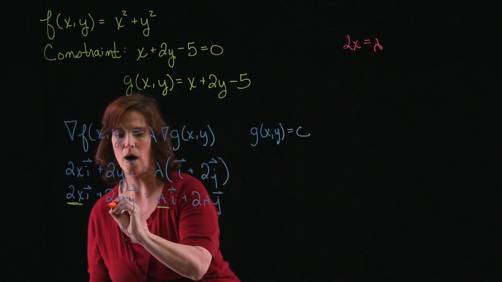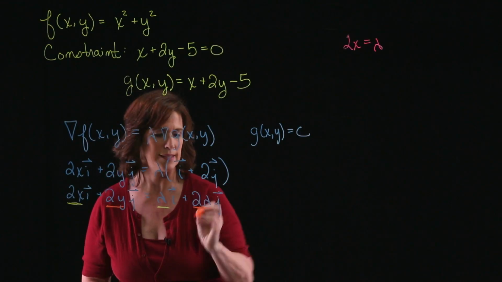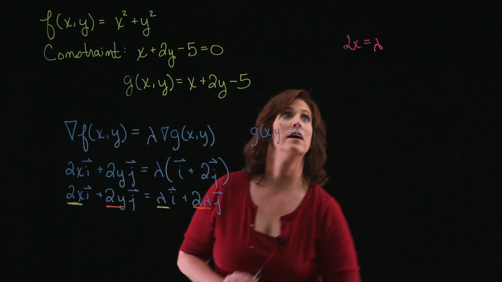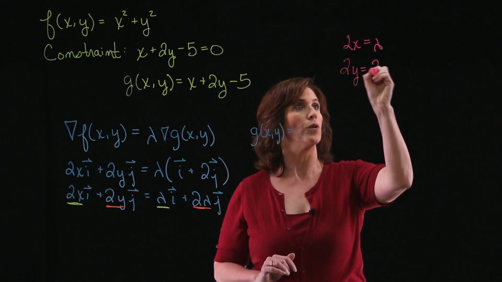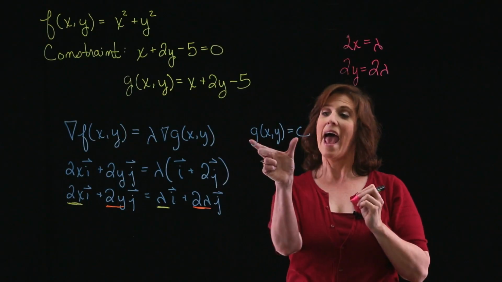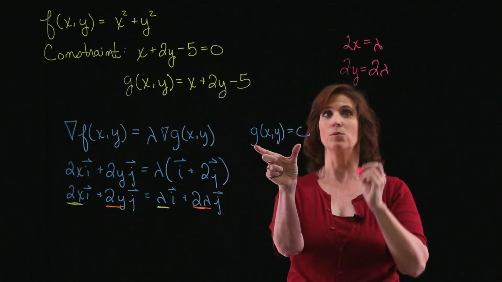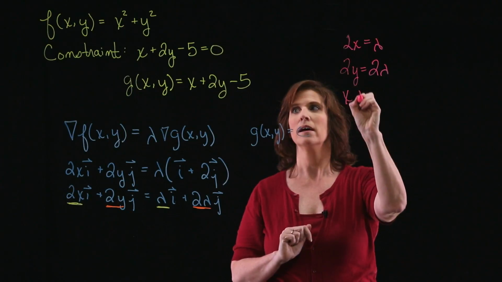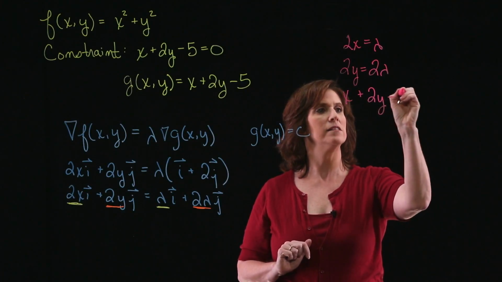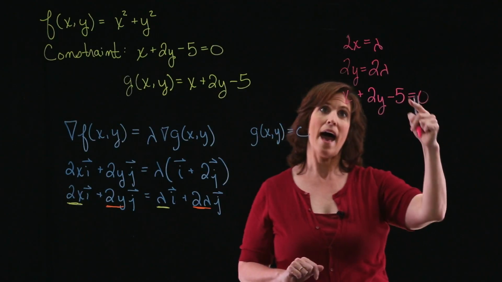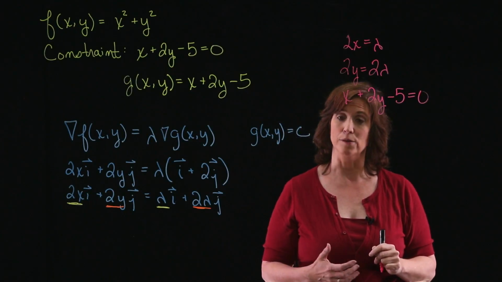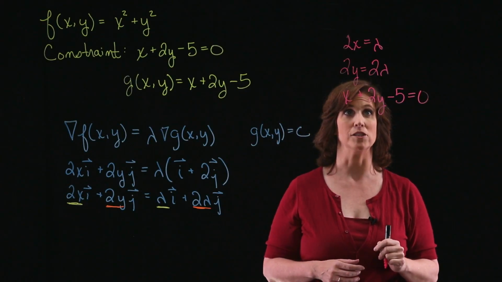Additionally, 2y has to equal 2 lambda. And I also know that this function has to equal c. So I have x plus 2y minus 5 has to equal my constant 0. I now have 3 equations and 3 unknowns, so I'm going to be solving this system of equations.